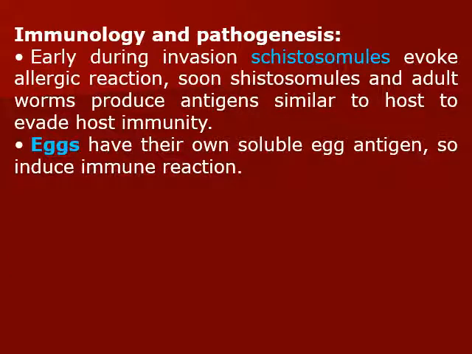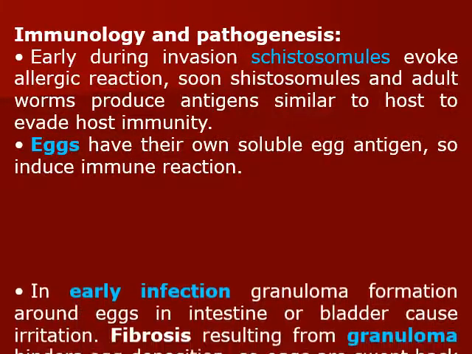The eggs have their own soluble egg antigens. They are two types and they induce immune reaction. This immune reaction is responsible for the main pathology of schistosomiasis inside the human body.